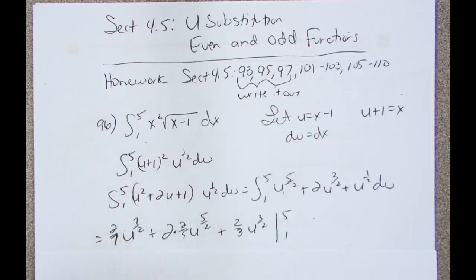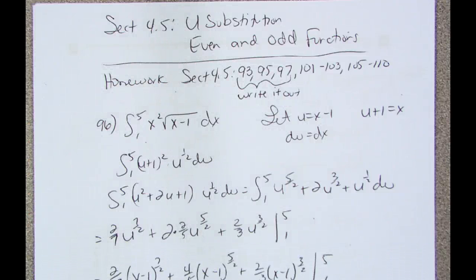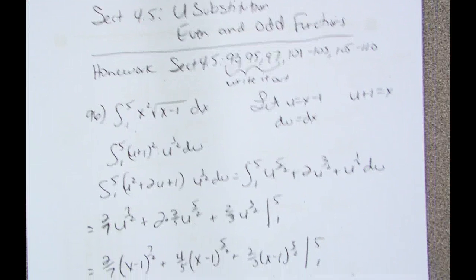I think you're getting pretty comfortable with that, from the bounds of 1 to 5. First thing I have to do before I put in the 1 through 5 is resubstitute back in my u, which is x minus 1. So that is by just resubstituting that u with an x minus 1. And then I cleaned up that 2 times 2/5, which is 4/5. Now I'm ready to do this.